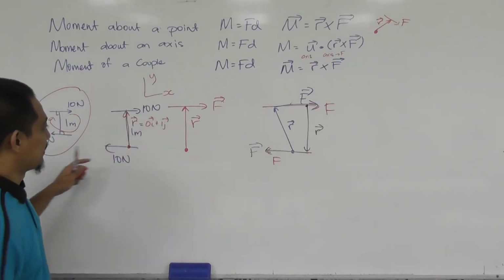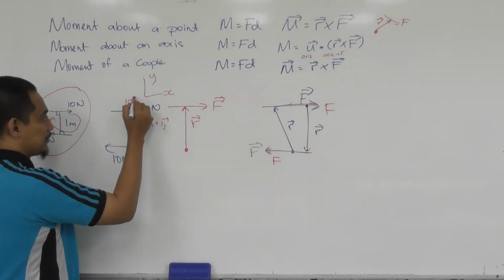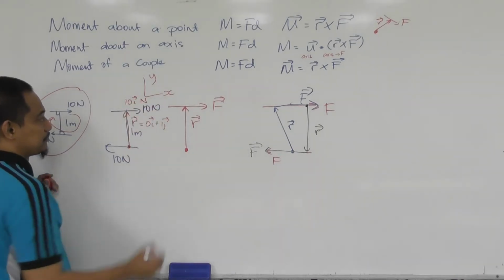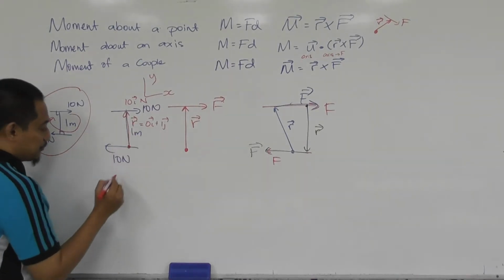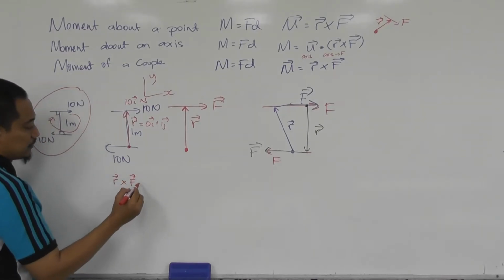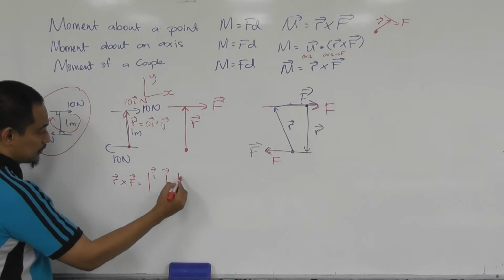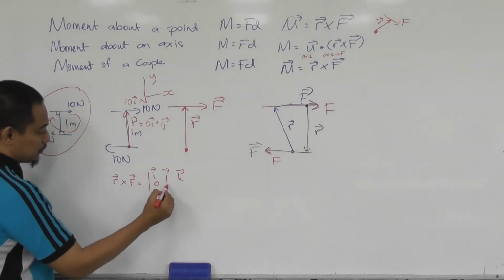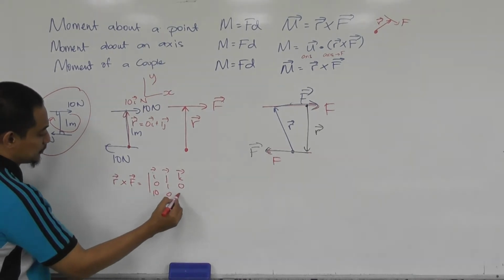And obviously this 10 N is just plus 10i Newton. Right? So if I do R cross F, it will be i j k, 0 1 0, 10 0 0.